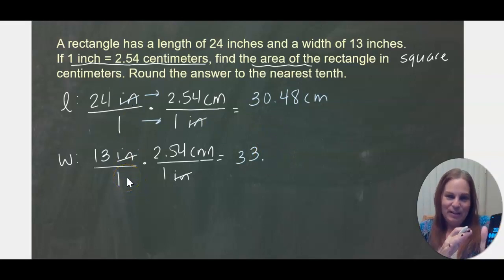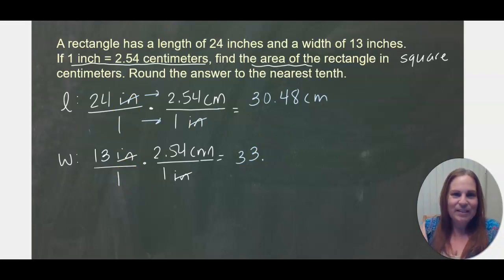I have to redo that on the calculator. I think I hit a wrong button because it shouldn't be larger. It's a smaller number. So let me recalculate that. So 13 times 2.54. Oh, let me go back and recalculate the other one. This one is 33.02 centimeters.